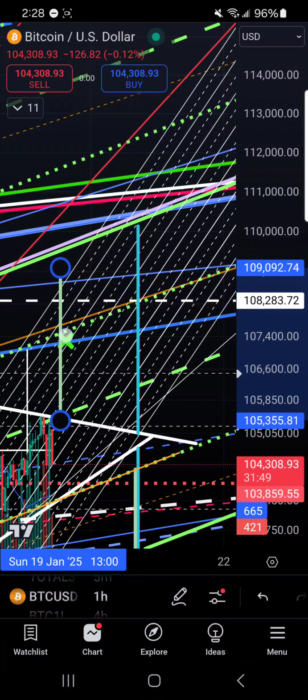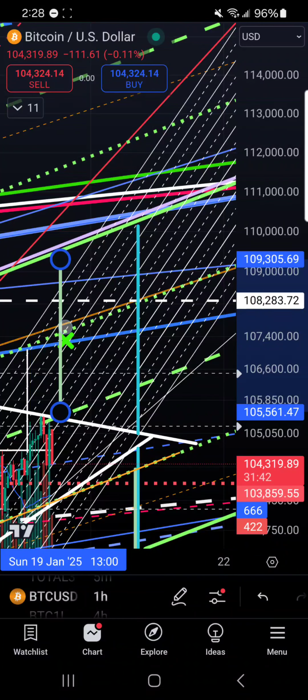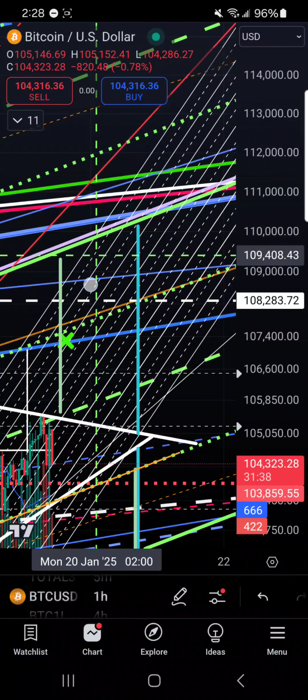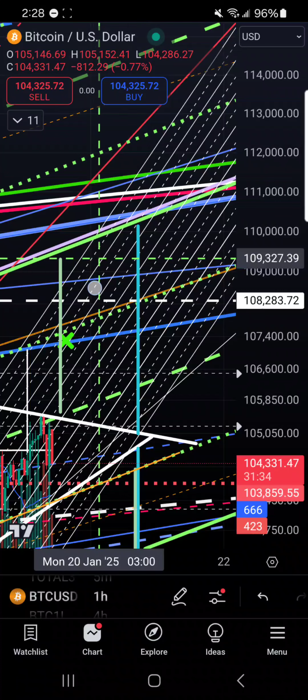Unless we break out now, that might get us in the vicinity of the top of the channel. Where would that be? Well, that would be a new all-time high, so I don't believe we would be stopping there if that were the case.